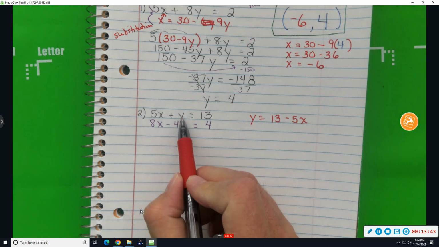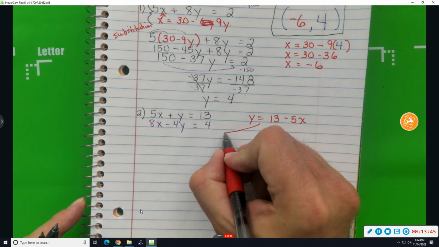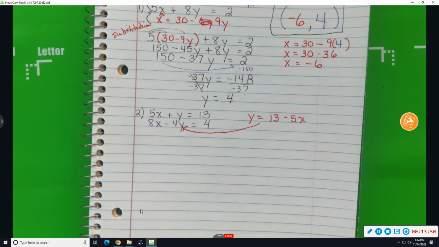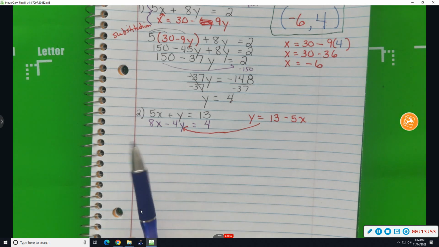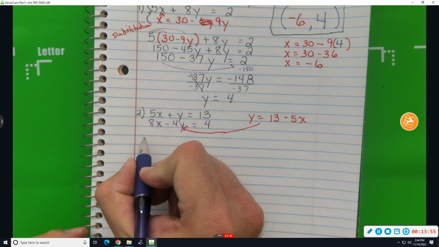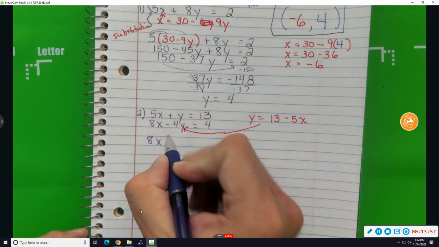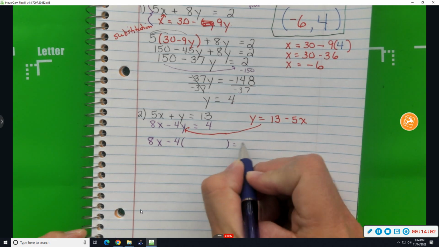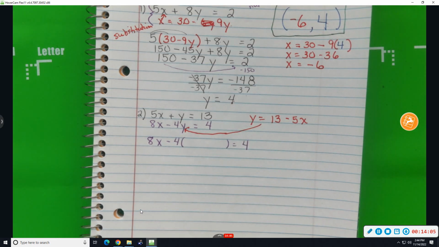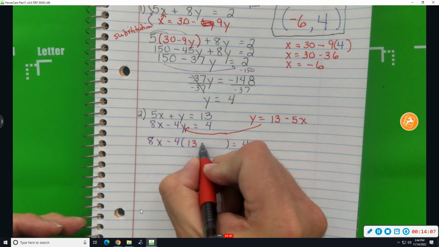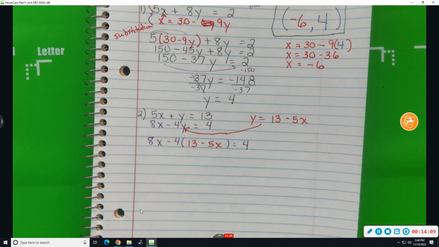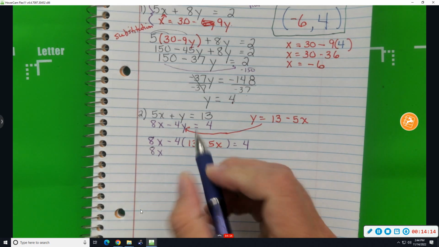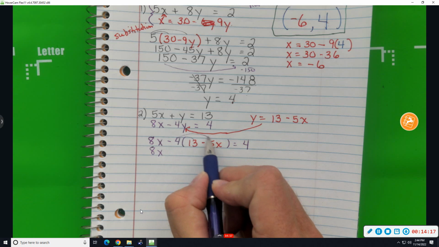So I isolate this y and I'm going to plug it into the other equation. We're going from 2 equations down to just 1 equation. So we have 8x minus 4, and in place of that y, I'm going to put 13 minus 5x. Now we have 8x. Distribute the minus 4.